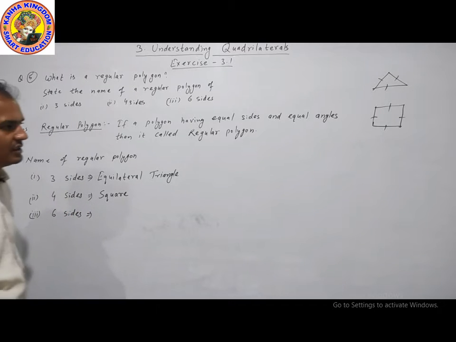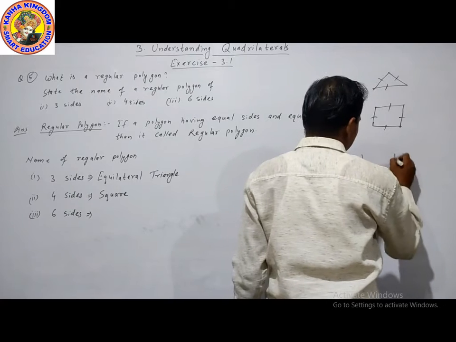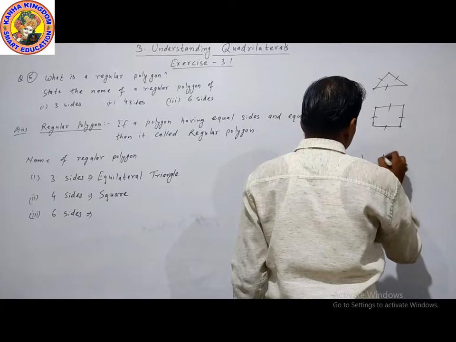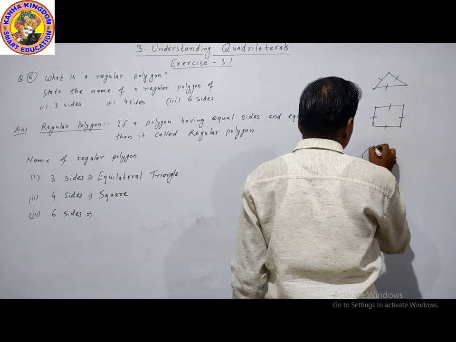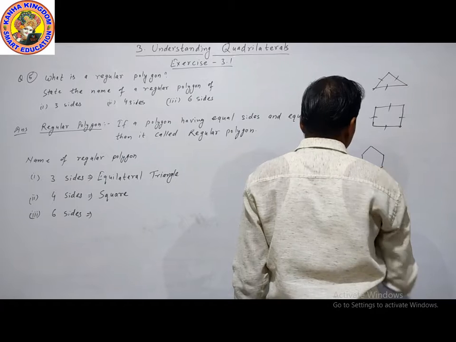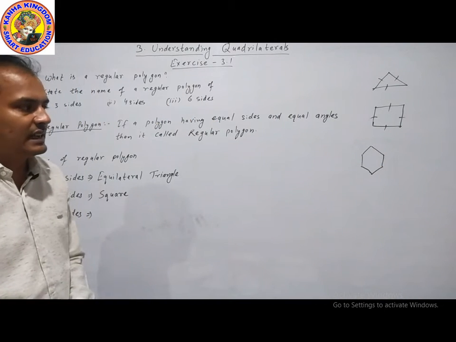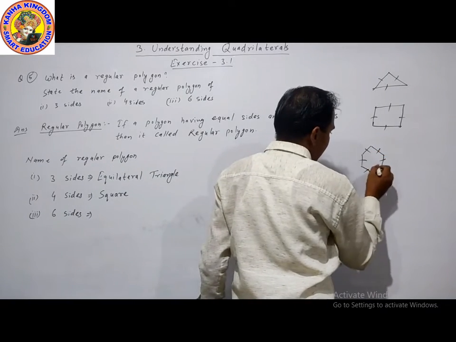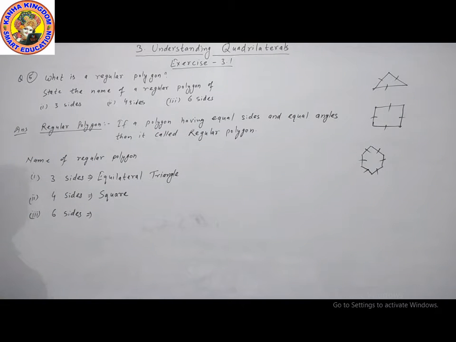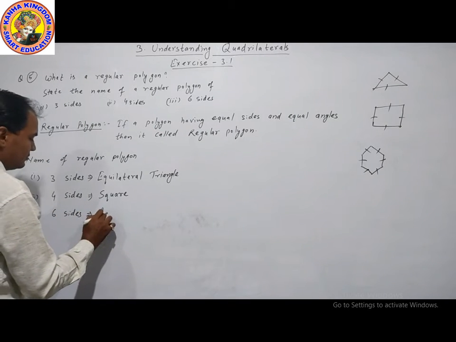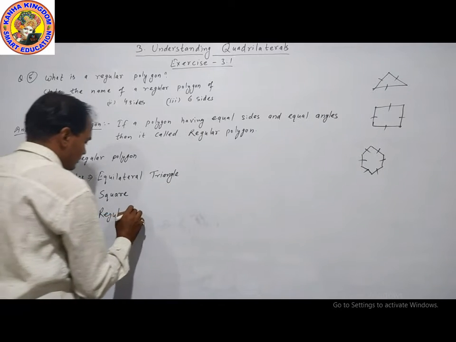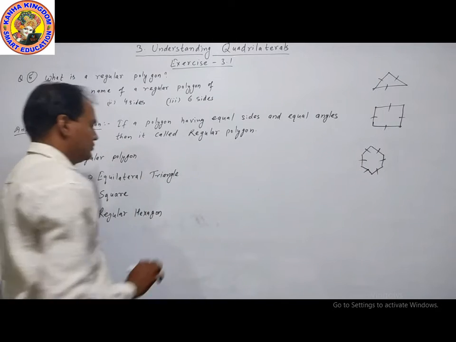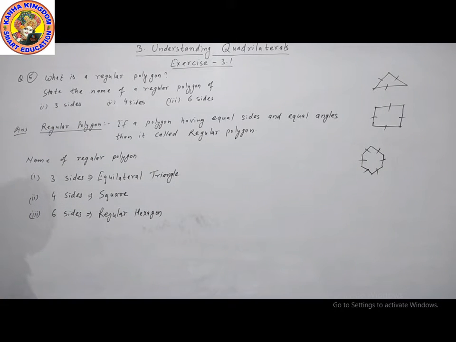If a polygon has 6 sides, it is called a hexagon, but if all sides are equal, it is called a regular hexagon. This is our regular hexagon.